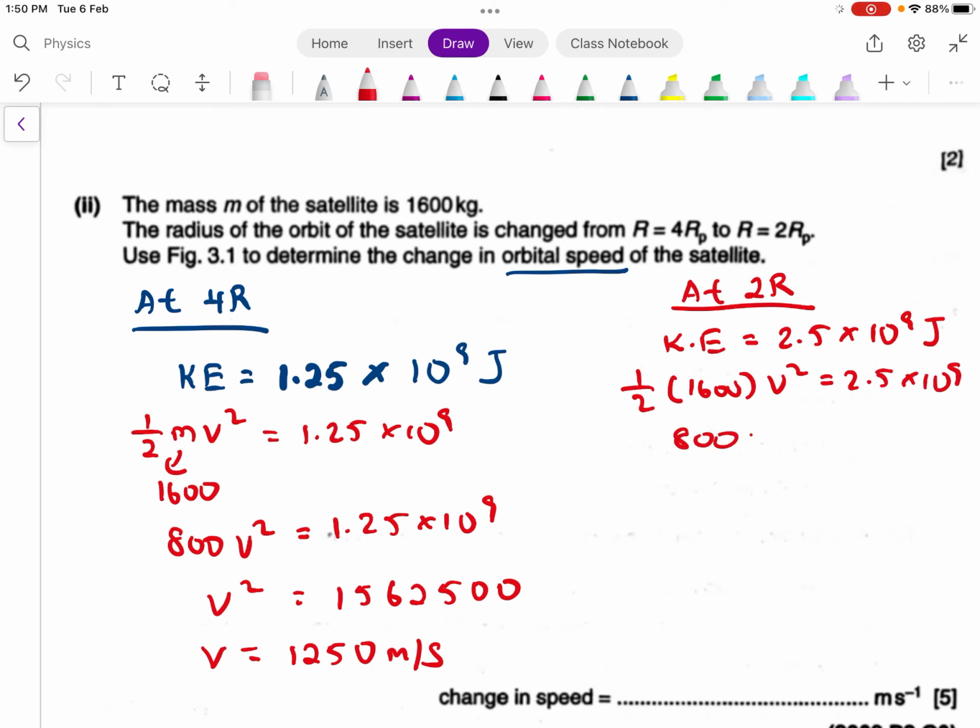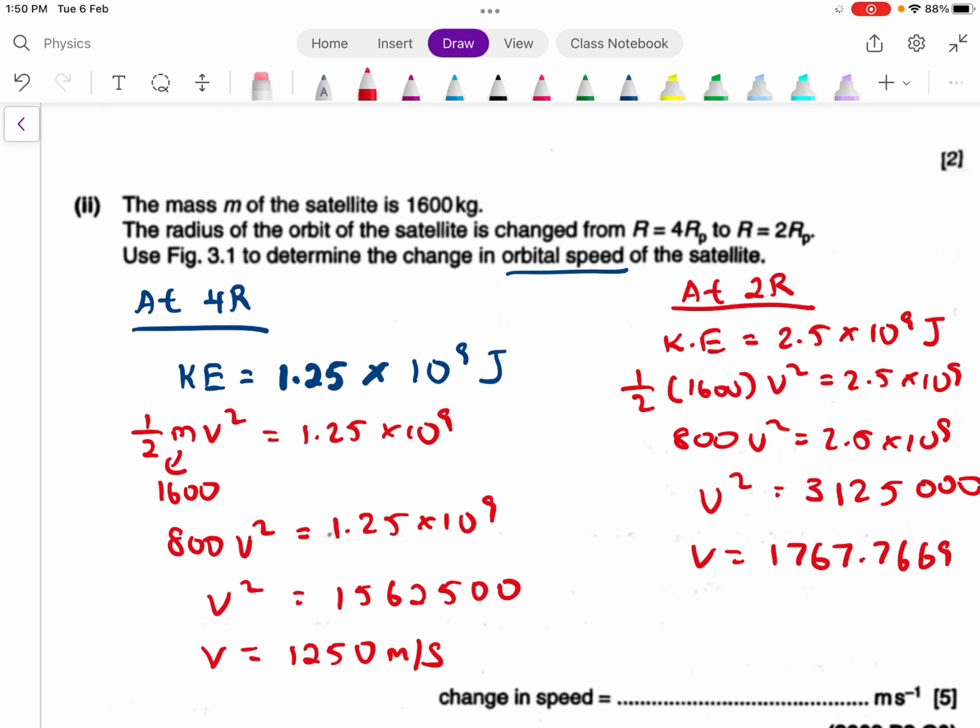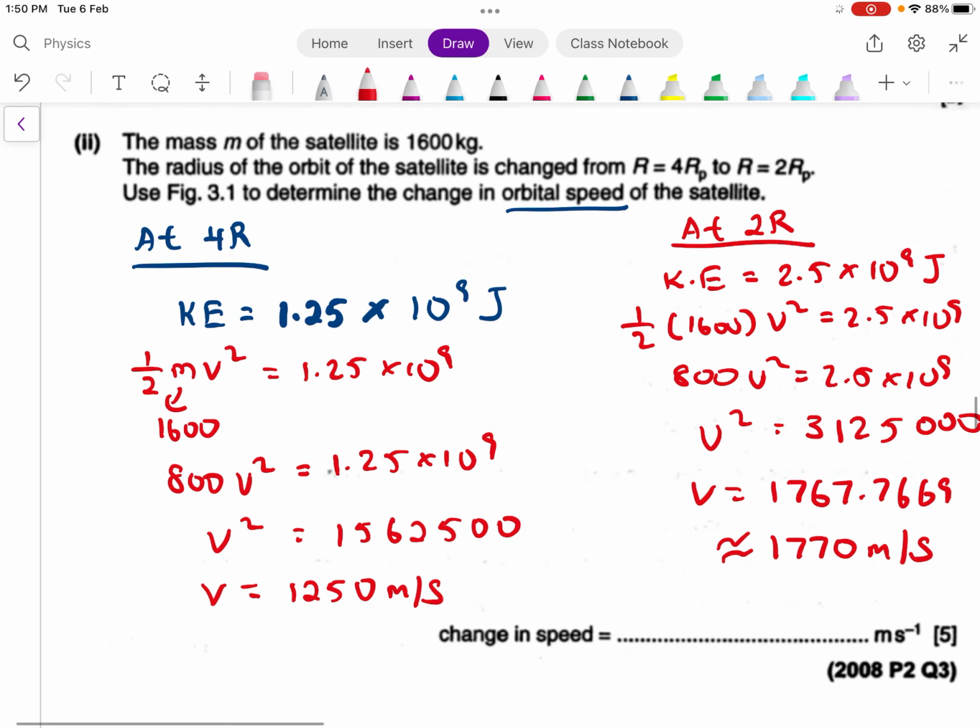So 800 again, v square equals 2.5 times 10 to the power of 9 divided by 800. So it's about 3125000. So v is equal to the square root of 3125000, so it's about 1767.7. Okay, just round off to 1770 meter per second. So at 2R, my speed is 1770 meter per second.